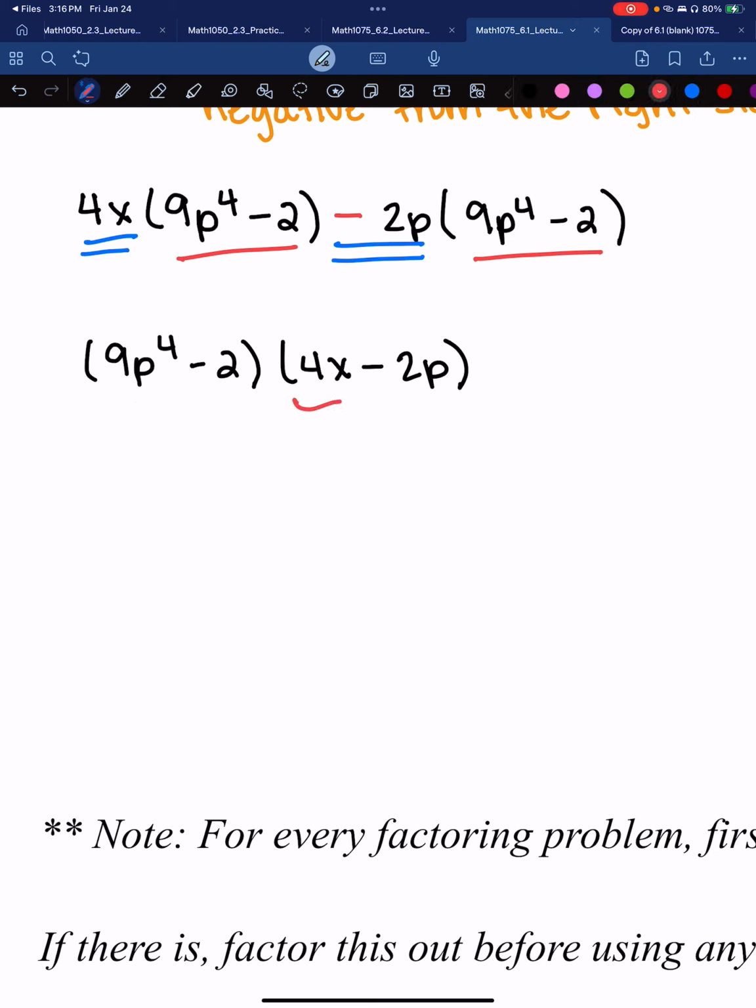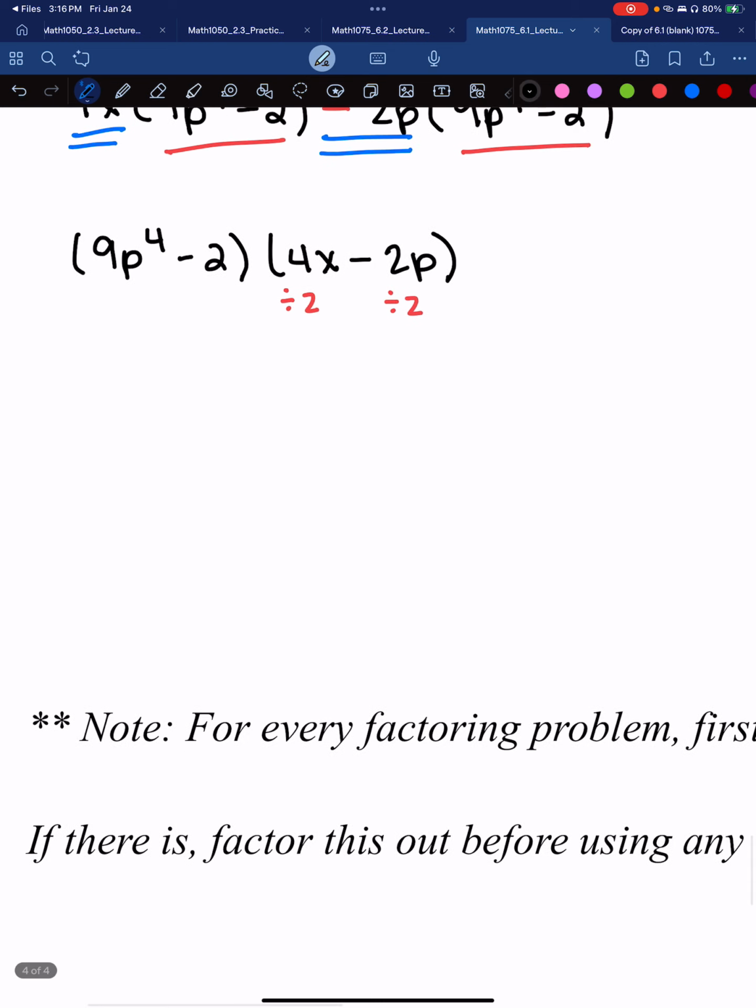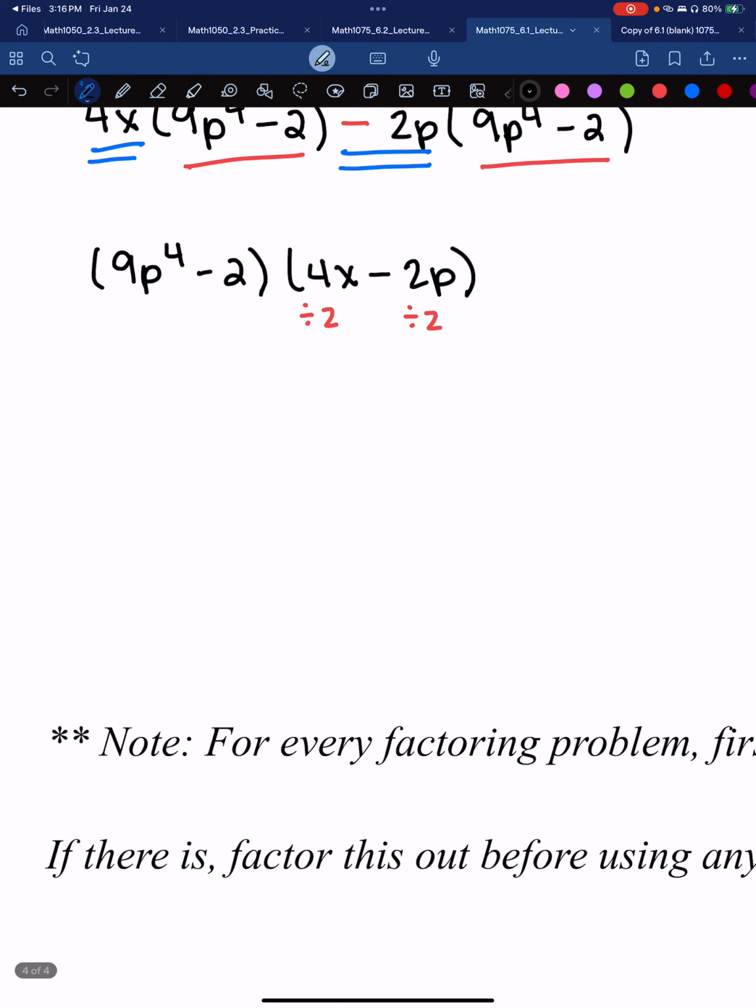But this side is not, because I can divide 4 by 2 and I can divide 2 by 2. So then what I want to do is divide them both by 2, but take the 2 onto the outside. So this will be 2 times 2x minus p.